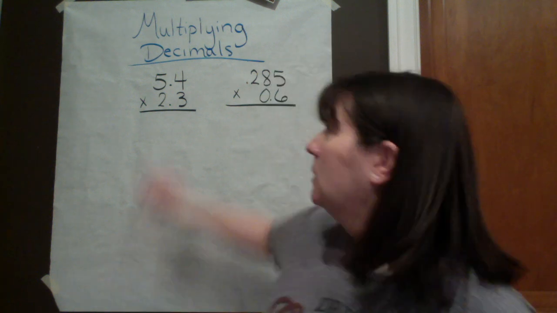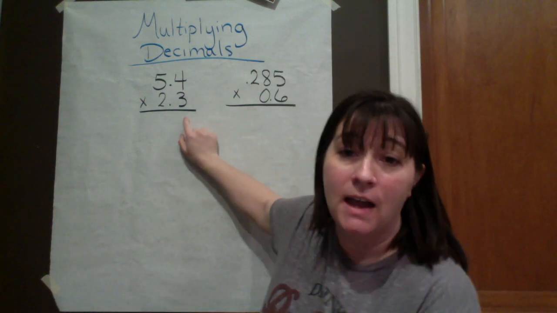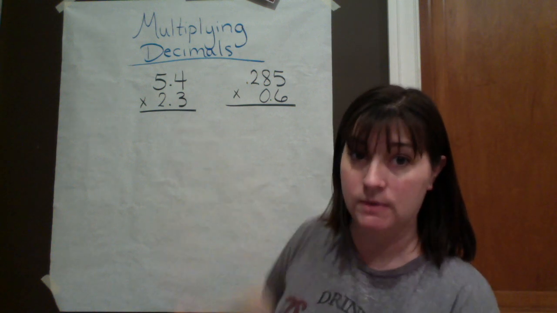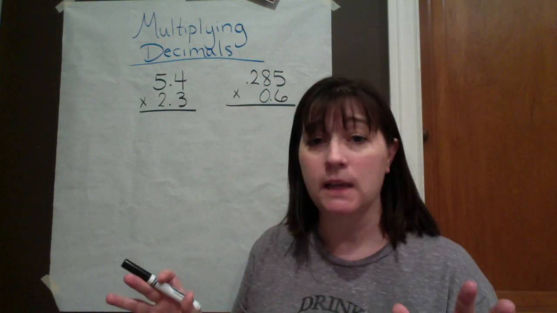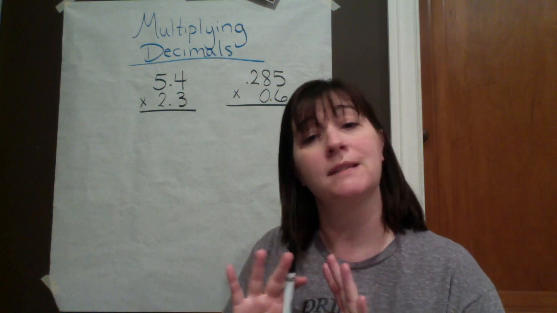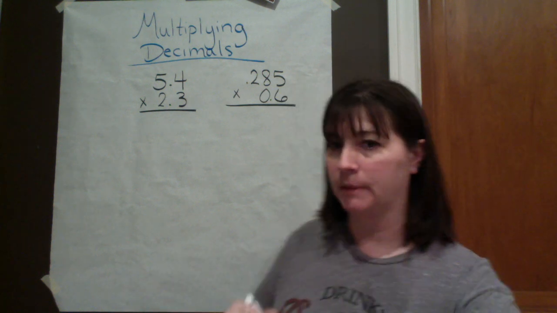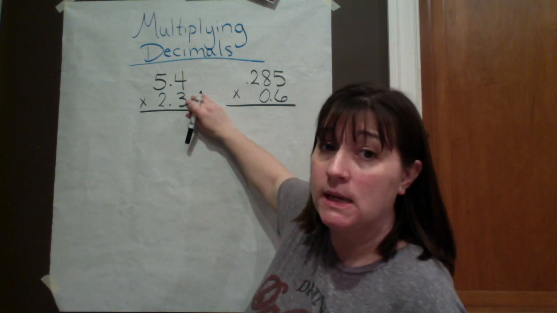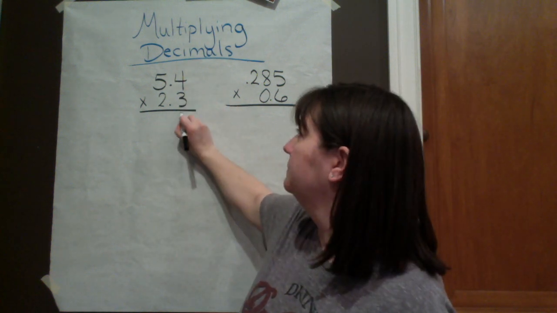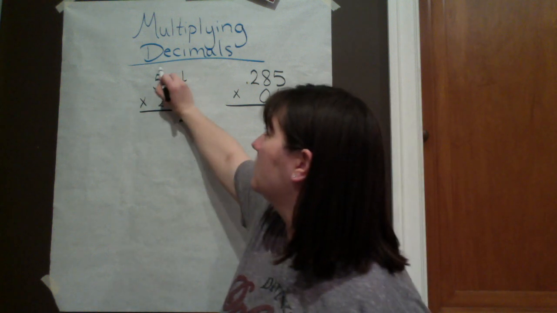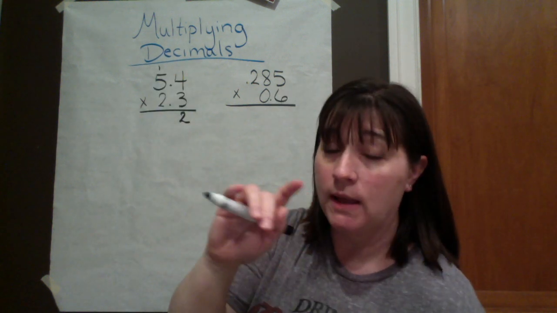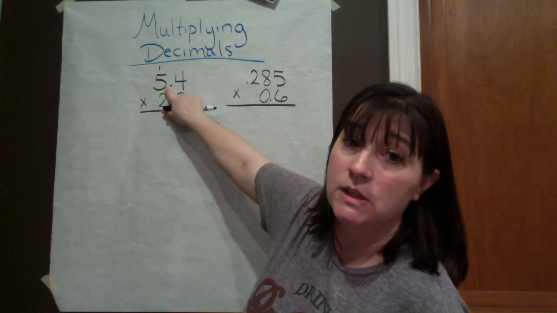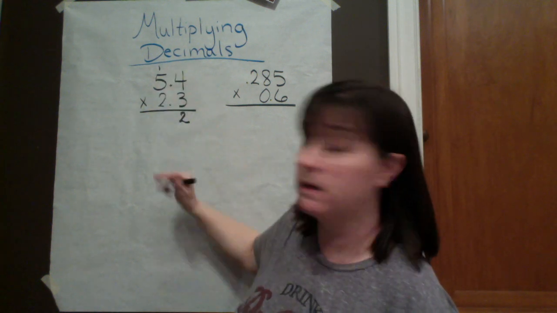Okay, so we're going to start over here with 5 and 4 tenths times 2 and 3 tenths. So we multiply just like normal, as though there weren't any decimals at all in this problem. So I'm going to take 4 times 3, which is 12, carry my 1, and then I'm going to take 3 times 5, which is 15, plus 1 more is 16.